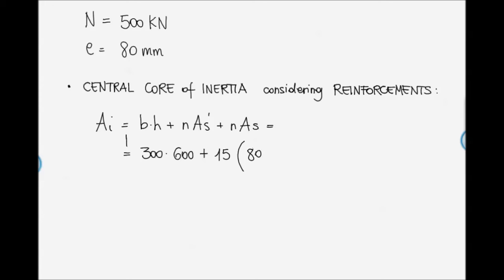So 804, which is AS prime, plus 1,206, which is AS. So AI is equal to 210,150 square millimeters.